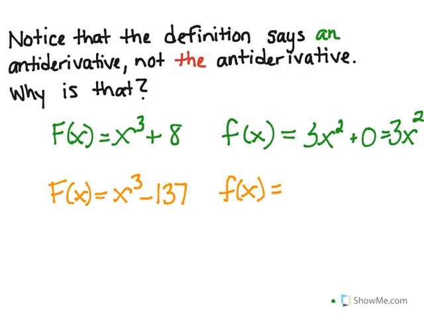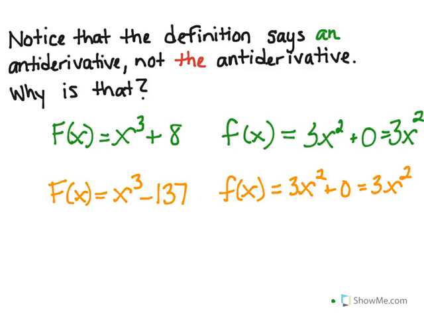The derivative of x cubed is 3x squared plus the derivative of negative 137, which is again 0. So I'm guessing that you figured out, since the derivative of a constant is 0, I could add or subtract any constant I want and come up with an antiderivative of 3x squared.